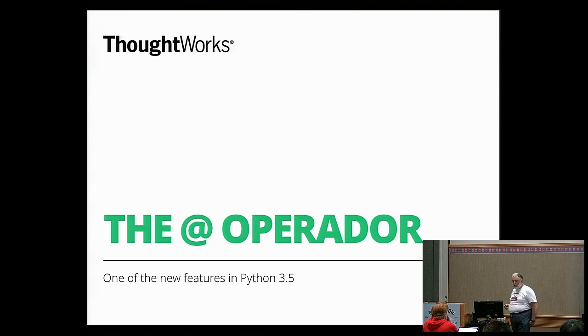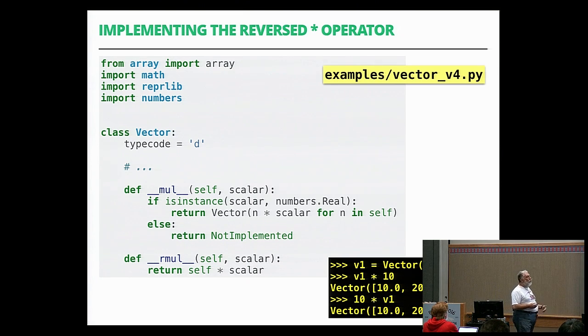The at operator is something that was introduced in Python 3.5 to fix a problem that I described. I mentioned before that the people who do numeric programming want to be able to multiply two matrices by doing A times B. Actually, that was wrong, because they use the times operator to do scalar multiplication, like we are using it here. So they needed another operator to do matrix multiplication, right?